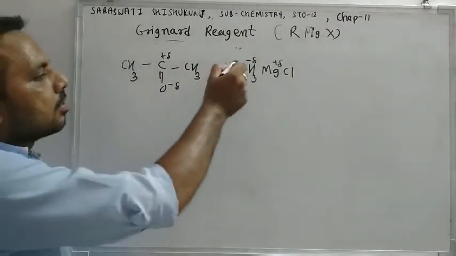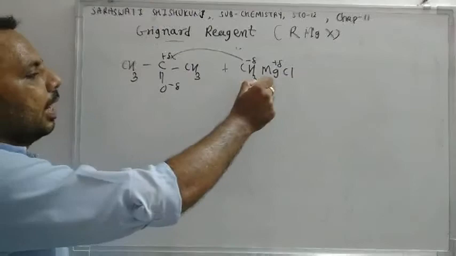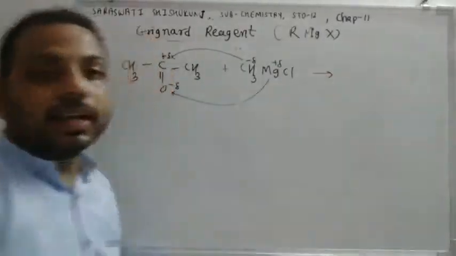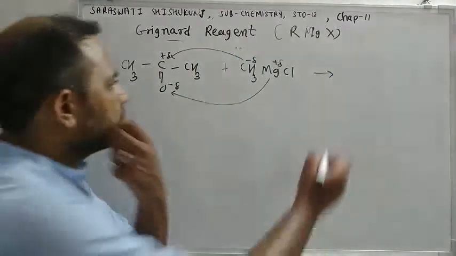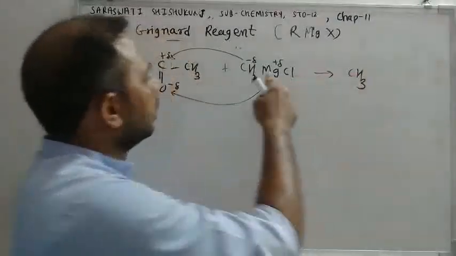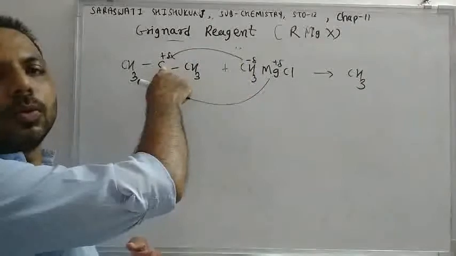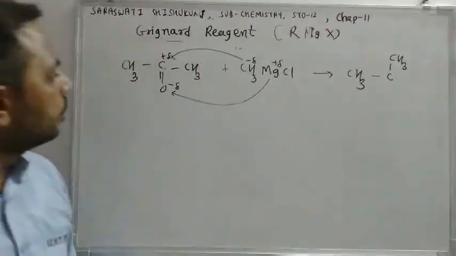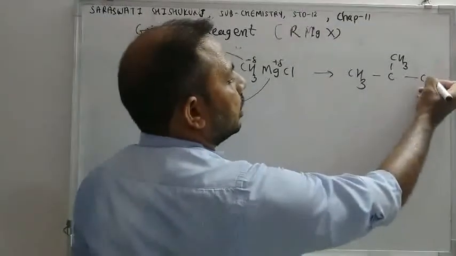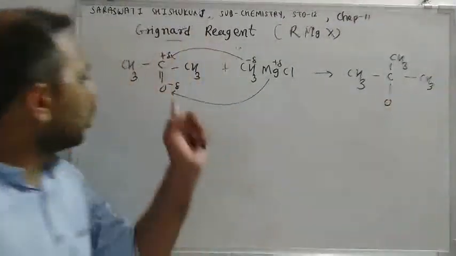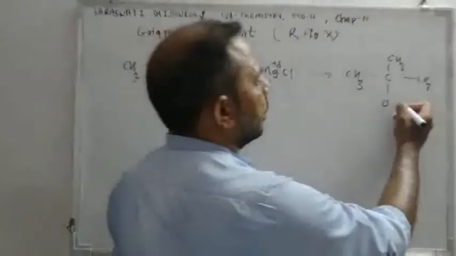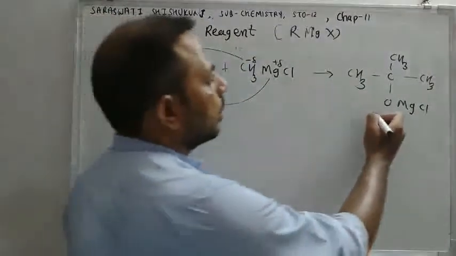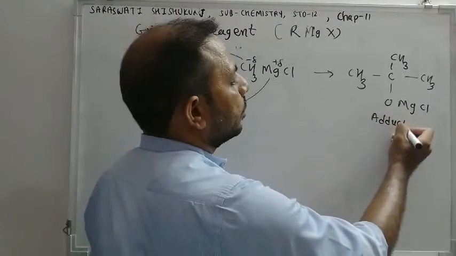Again, CH3 will be attracted by this carbon and Mg will be attracted by this oxygen, so we get the adduct. The first intermediate product is like this, with the CH3 of Grignard reagent coming over here, and this oxygen will attract MgCl.